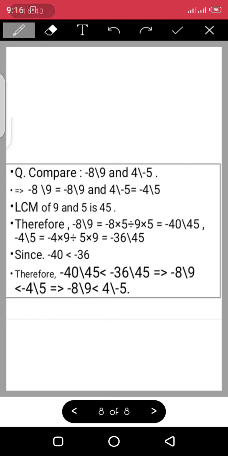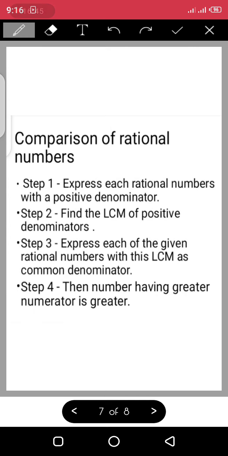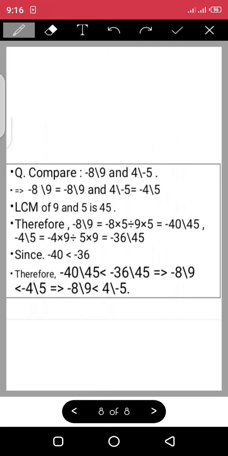So what was the first step? First step was to express each rational number with a positive denominator. So now we will express each rational number with a positive denominator. So minus 8 by 9 will be equal to minus 8 by 9 because here the denominator is positive. Okay. Now the next number is 4 by minus 5.